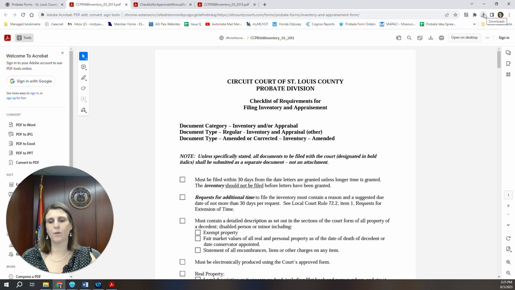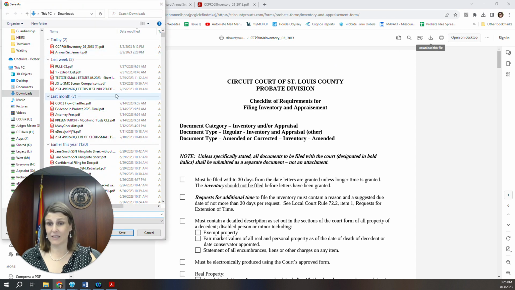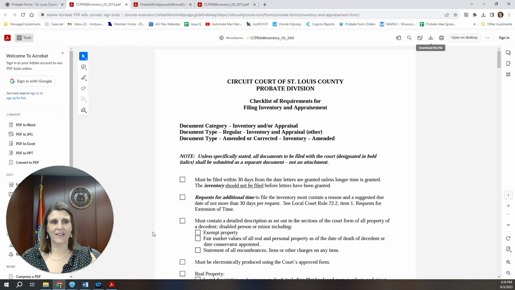Now I'm using Chrome. It may look a little different depending on what web browser you're using, but you want to click that download button. And the reason why is because it's really important for you to be able to save this document, okay? And if we don't quite do it correctly, then you're going to have some issues, okay?